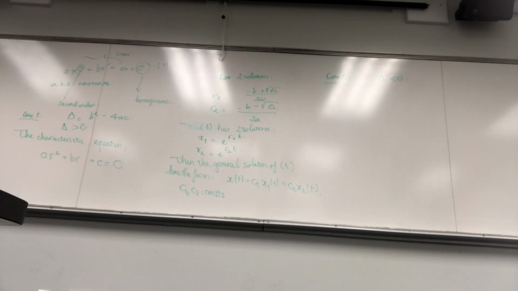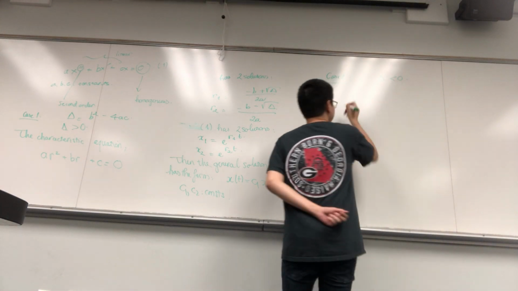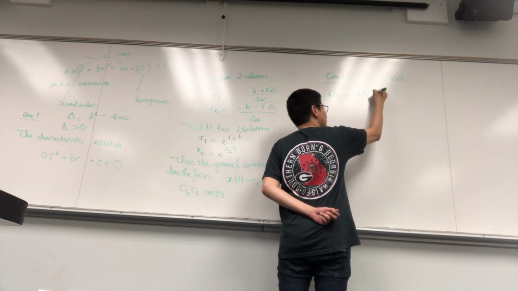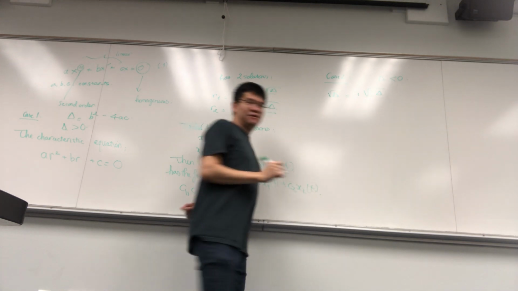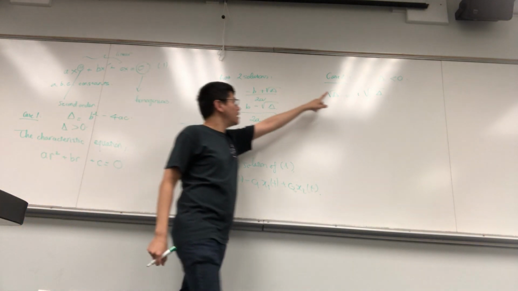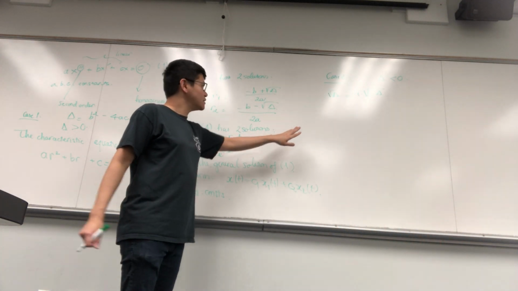Right. So when delta is negative, you still have to take the square root of delta. In this case, the square root of delta will be i times the square root of minus delta, where i is the imaginary number.